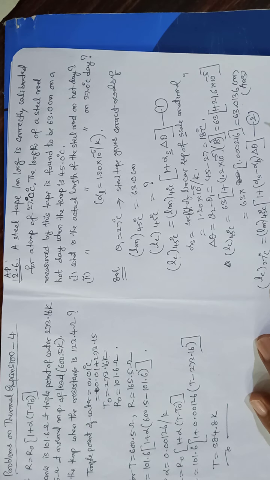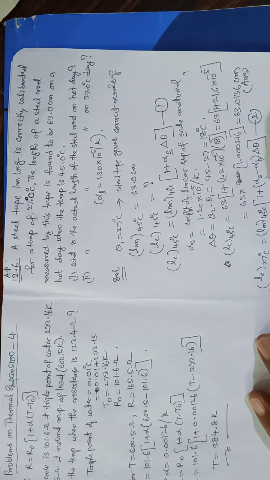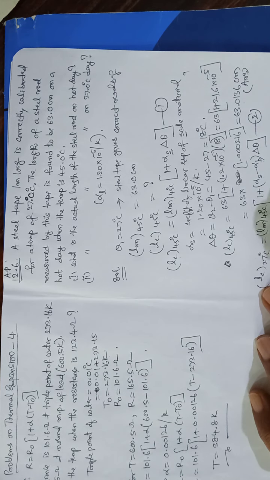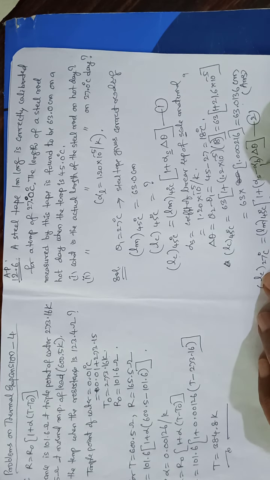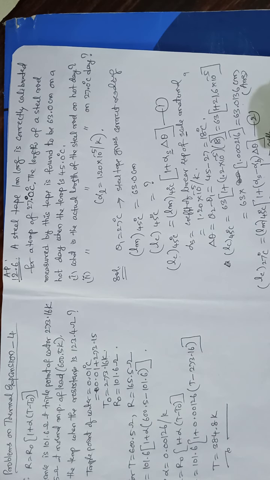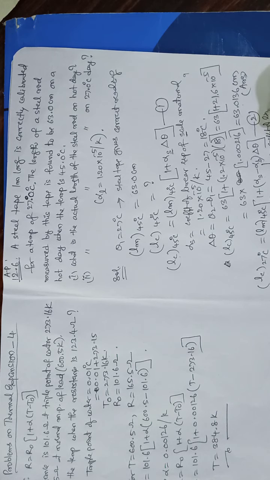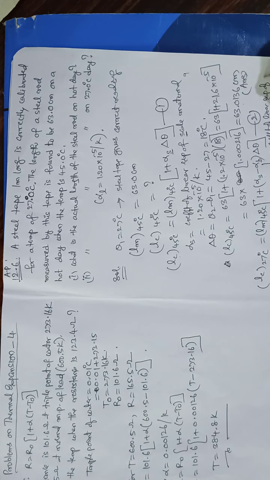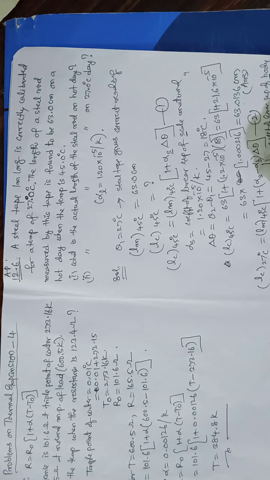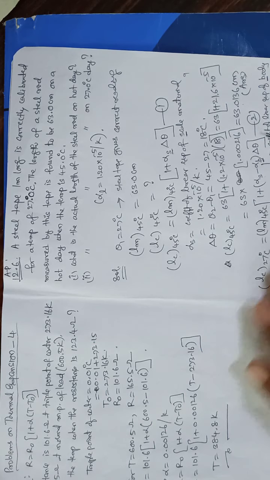You remember this formula. Here alpha S means coefficient of linear expansion of scale material, and alpha B means coefficient of linear expansion of body. Here B means body.